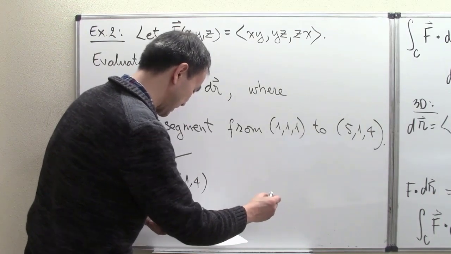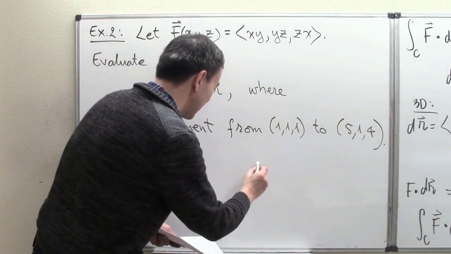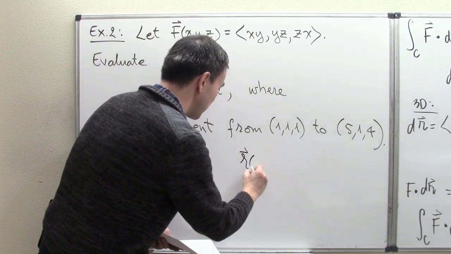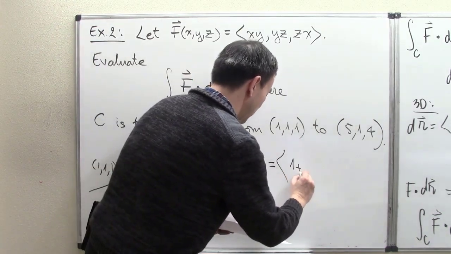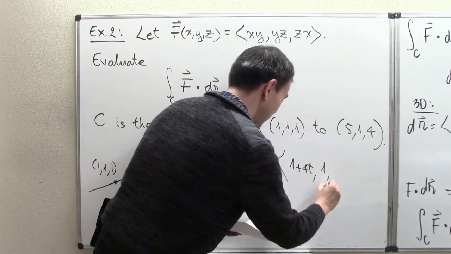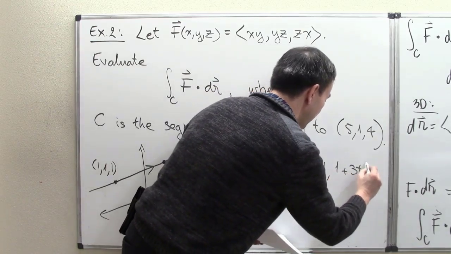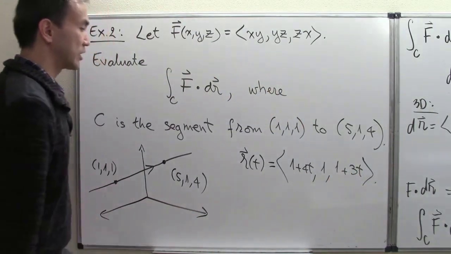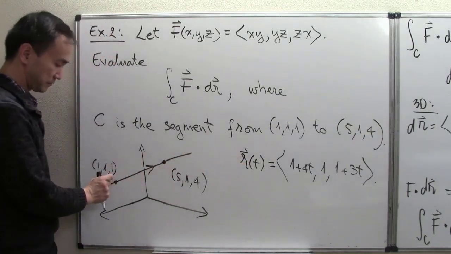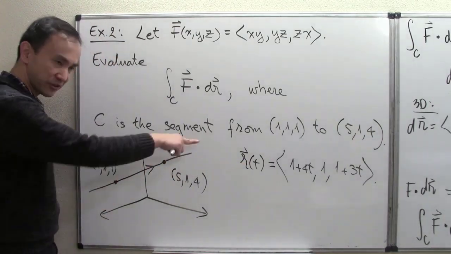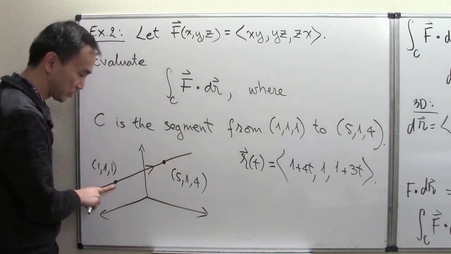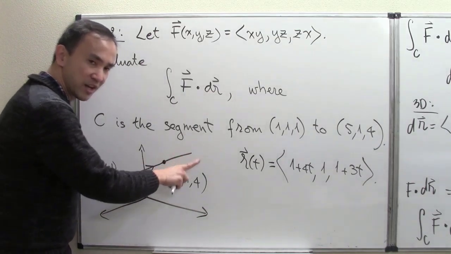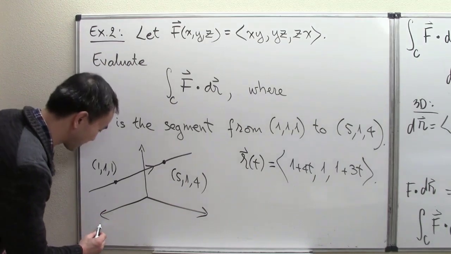I can come up with R as a vector valued function, allow me to write it that way, R(t) = (1 + 4t, 1, 1 + 3t). This parameterization makes the point move from this point to that other point, and so the direction is going this way in the picture.